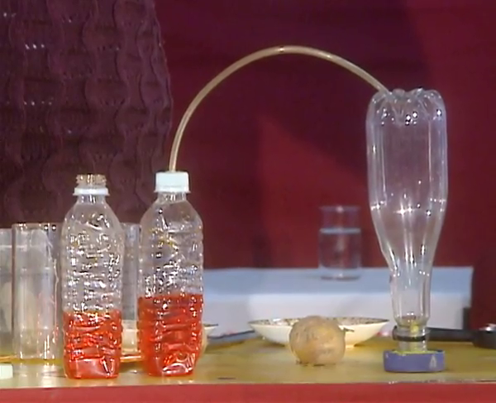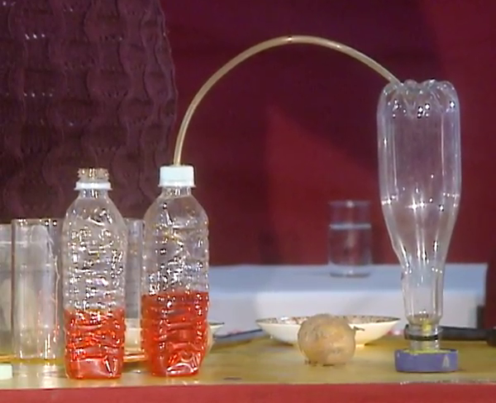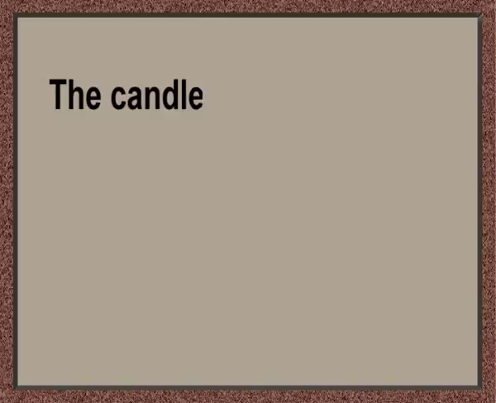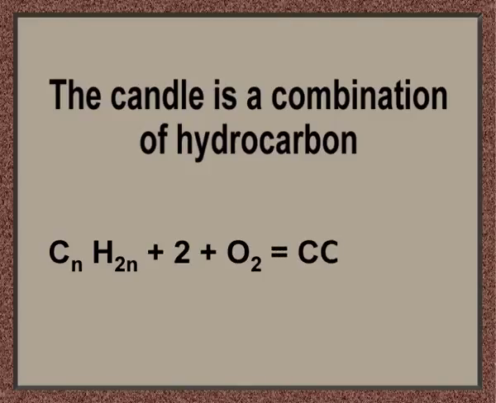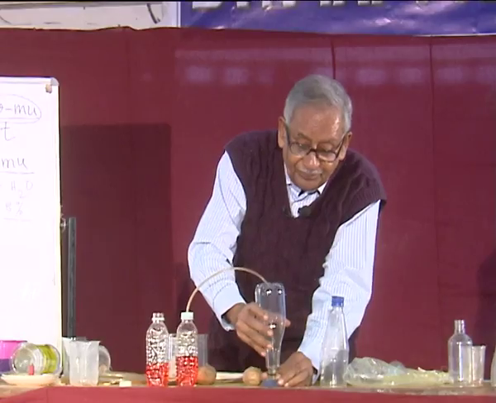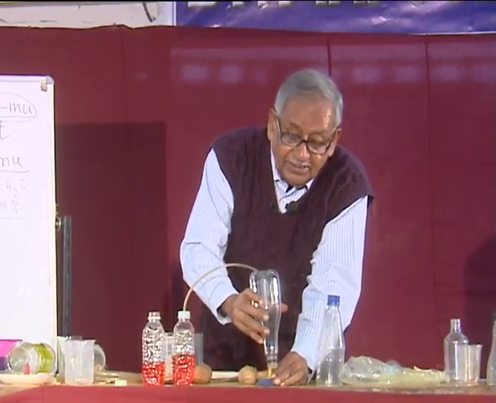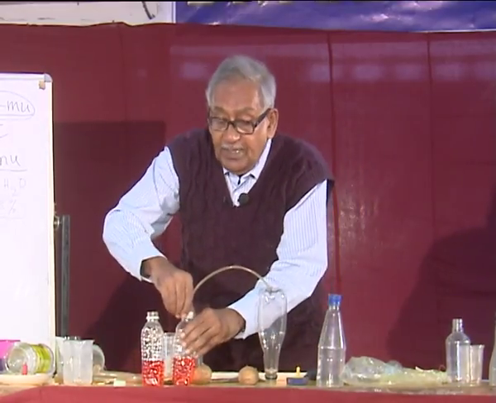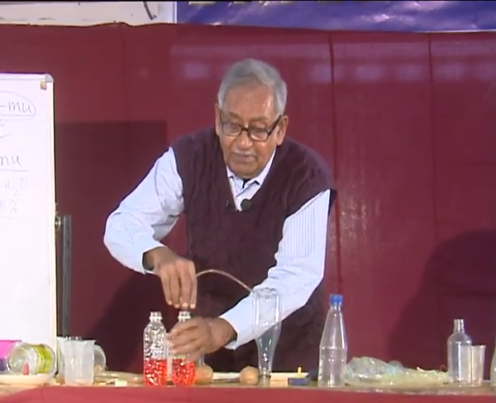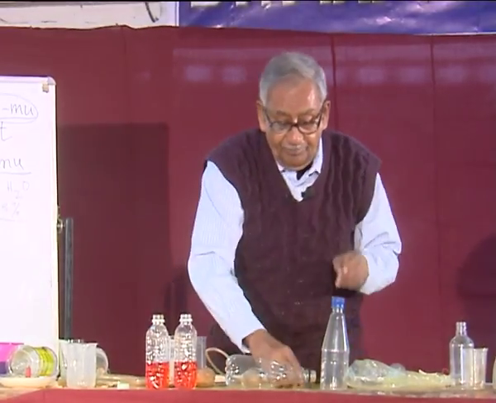Then why this little bit of contraction? Because the candle is a combination of hydrocarbon, that is CnH2n+2 plus O2, that gives you CO2 plus H2. This is very important. Let me do the critical explanation of this experiment.